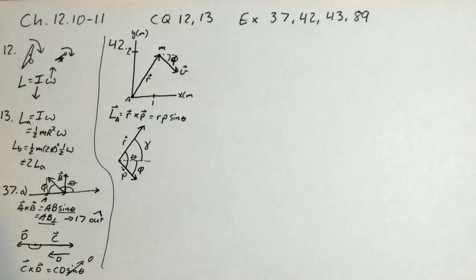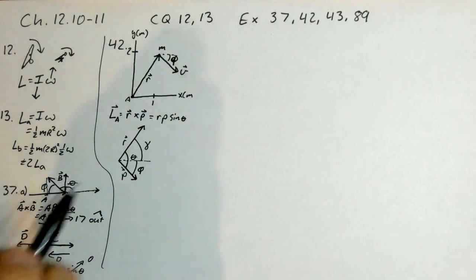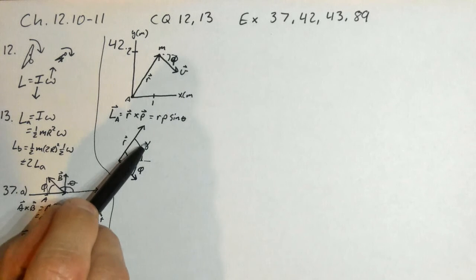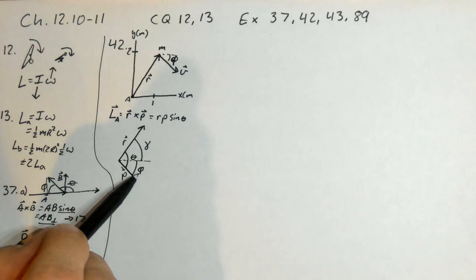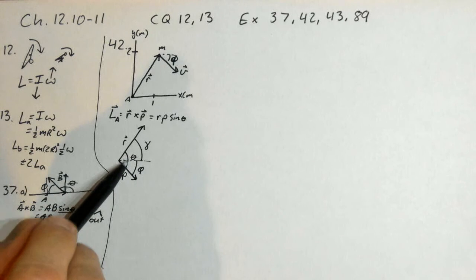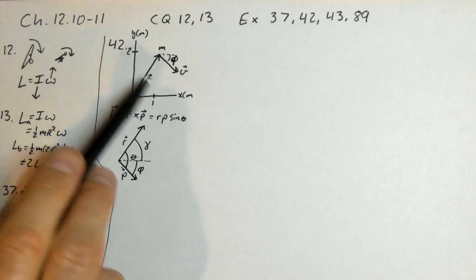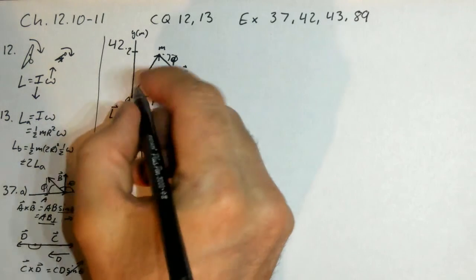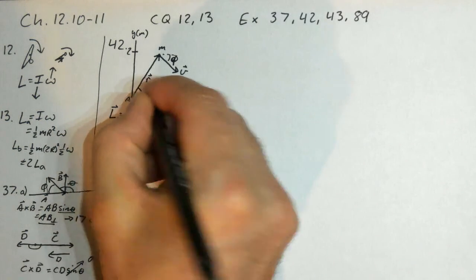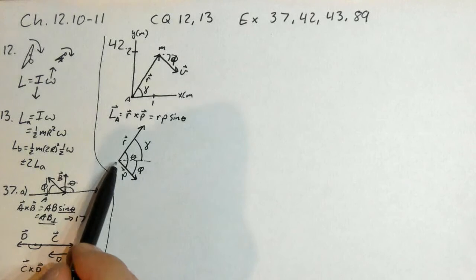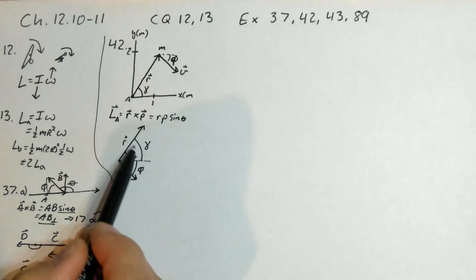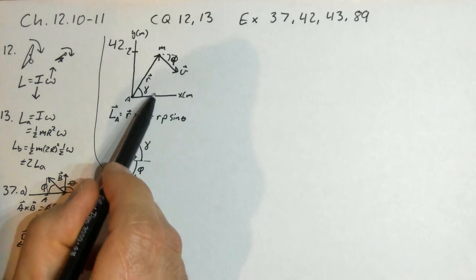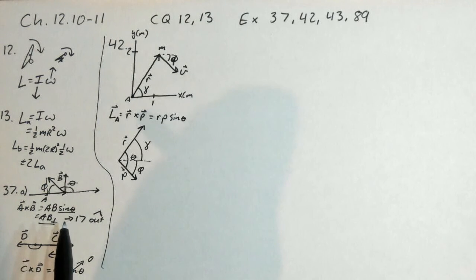I like to use Greek letters for angles. And so to find theta, I need to find gamma. I already have phi, that's 45 degrees, so I need to find gamma. How can I do that? What here gives me information to find this gamma? The answer is this gamma is the same thing as right here. Because if this is a horizontal line and I'm measuring up to R, I see gamma right there.